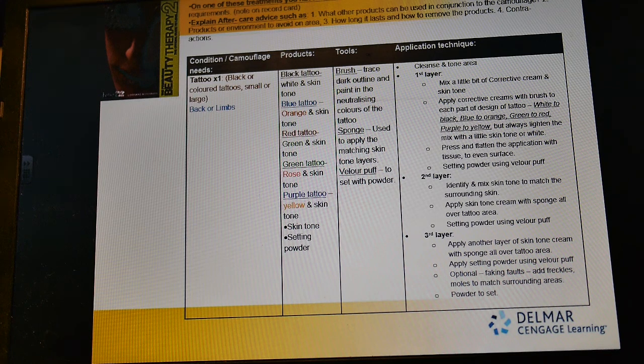Really get your knowledge up and running before you have an attempt at practicing these techniques. Fully understand it and then have a go at the practical. Okay, enjoy. Send me images and videos of you actually doing these techniques. I'll be most grateful if you do, and just try and enjoy it.